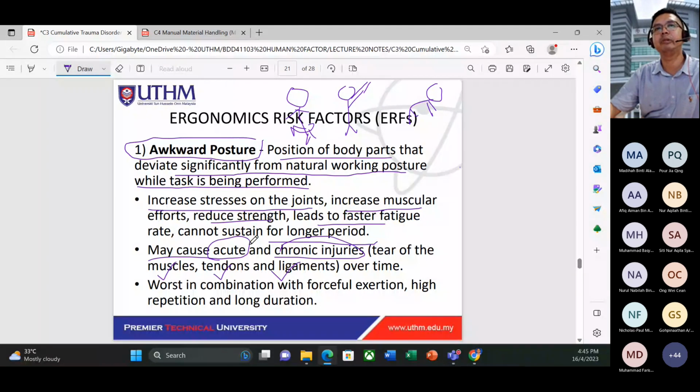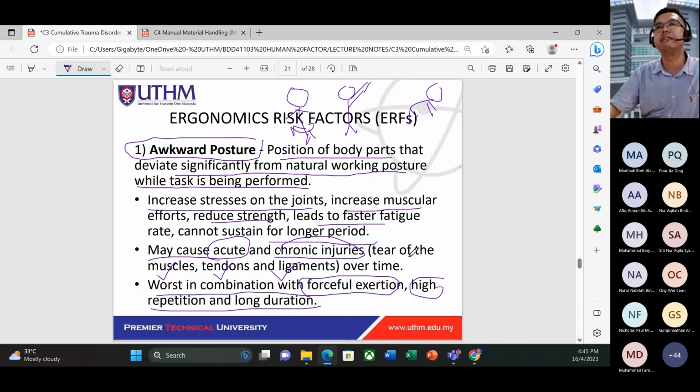So what is the difference between acute and chronic? Acute is less than 3 months. Chronic injury is more than 3 months. So it is the duration. The worst is in combination with forceful exertion. If awkward posture plus forceful exertion plus high repetition with long duration, it can increase the MSD risk.